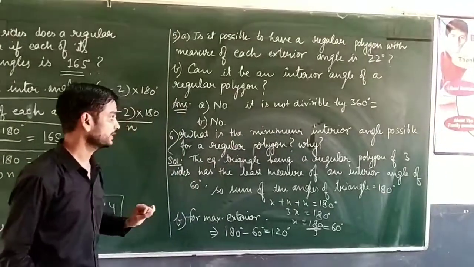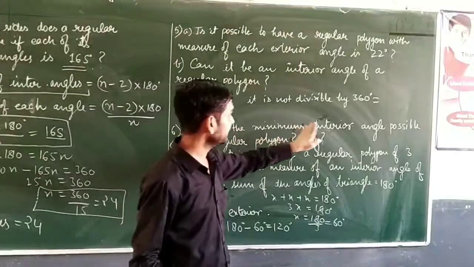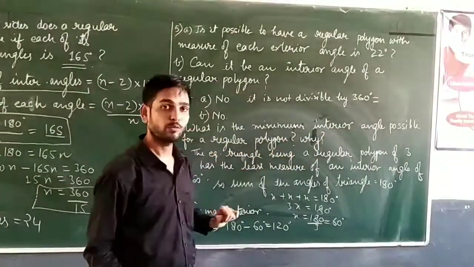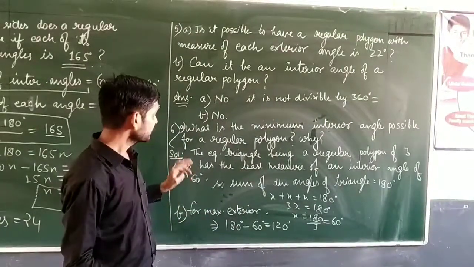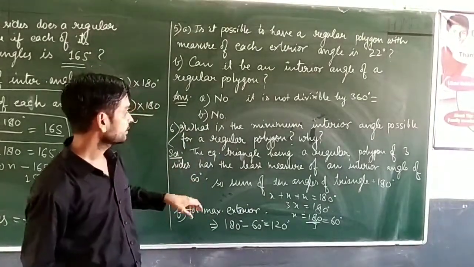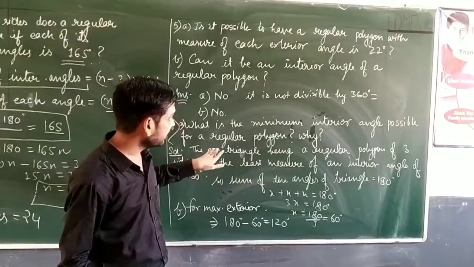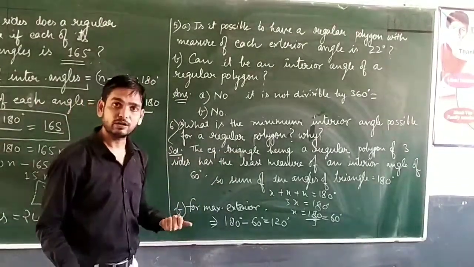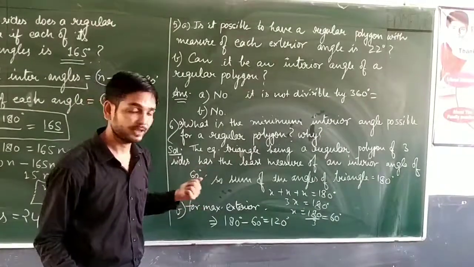Let's see question number 6. What is the minimum interior angle possible for a regular polygon? Why? Let's see the solution. Suppose we take an equilateral triangle. Equilateral triangle means all sides are equal, and how many sides does a triangle have? 3.